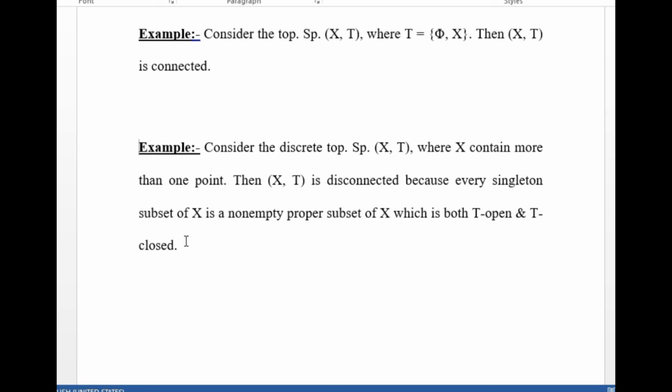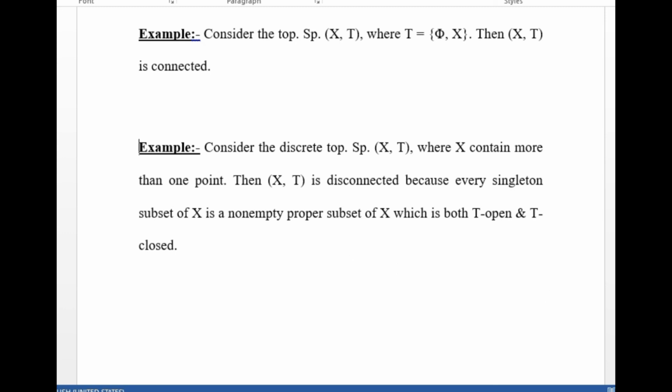You know, the discrete topology is the power set of X, and this power set contains all the singleton sets. If we take the complement of these singleton sets, then we get T closed sets, and you see very easily that every singleton set is T closed and T open. So the discrete topology is not connected. It means it will be disconnected.